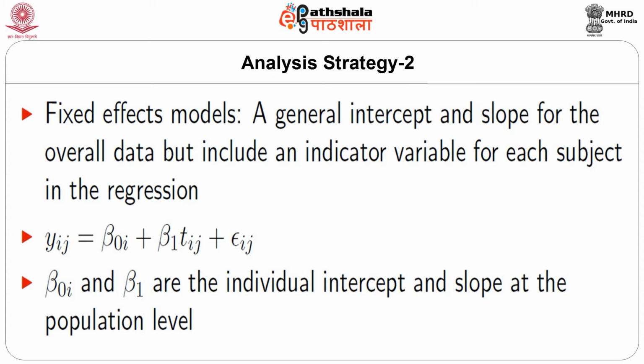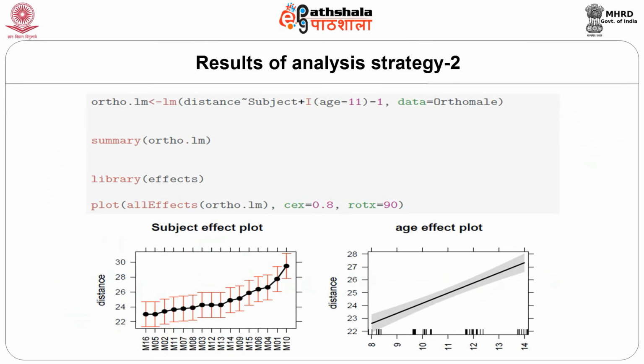Note that the slope is free from i or the subjects, whereas the intercept contains the subject index. So the model becomes Y_ij is equal to beta naught i plus beta 1 t_ij plus epsilon_ij. So beta naught i is the individual intercept, while beta 1 is the slope at the population level.